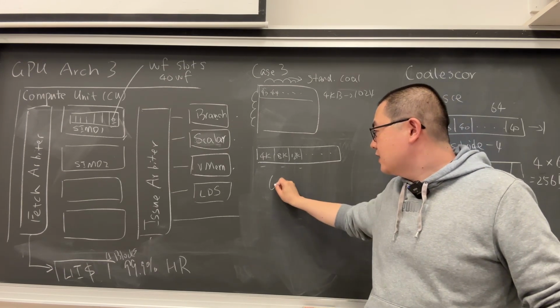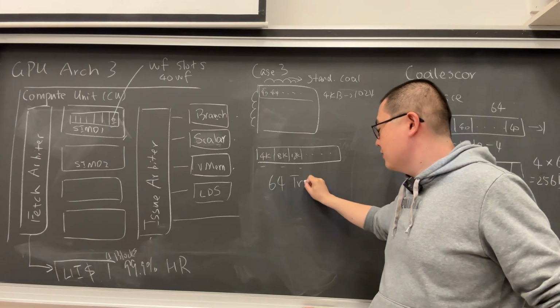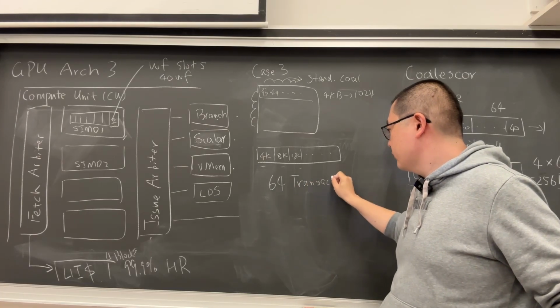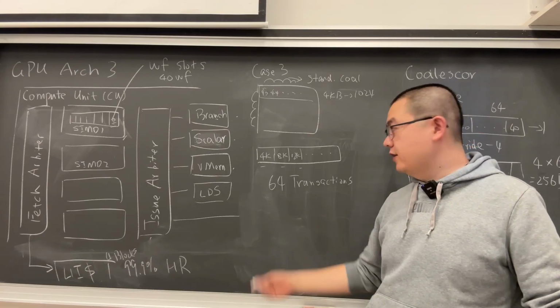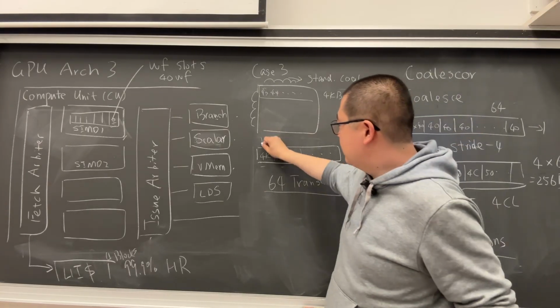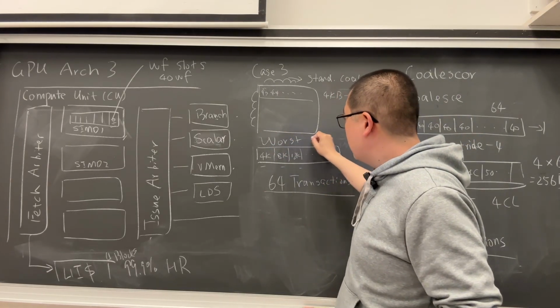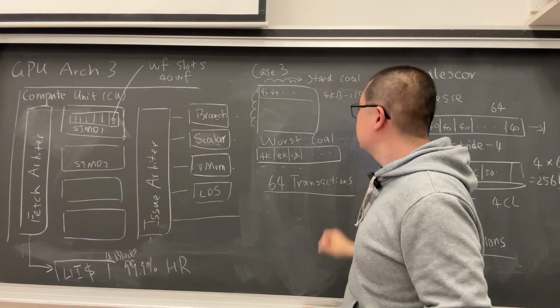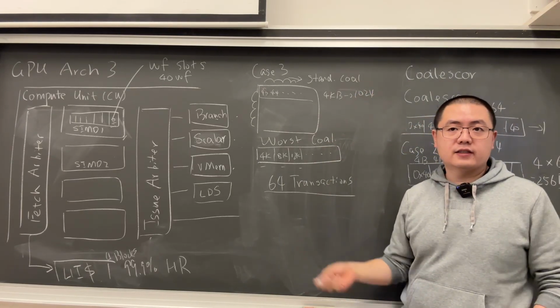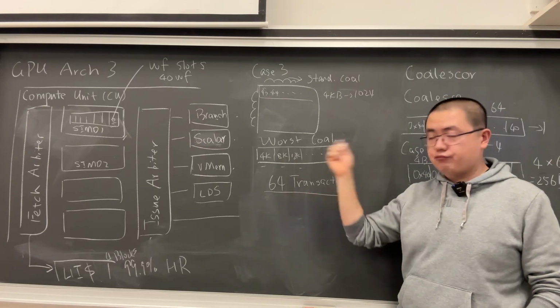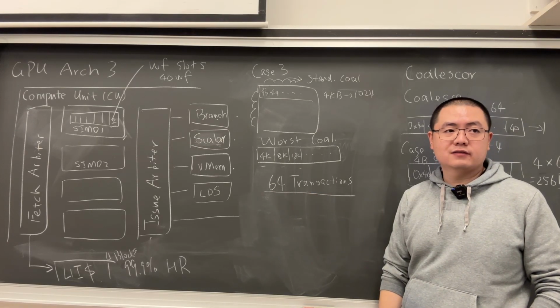So we need 64 transactions. I will call this the worst coalescing. There's no way for us to coalesce, and we have to generate 64 transactions.